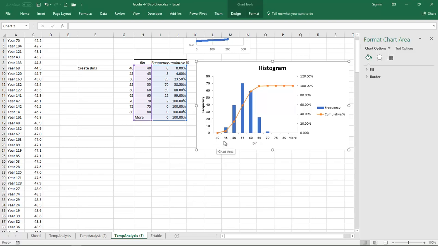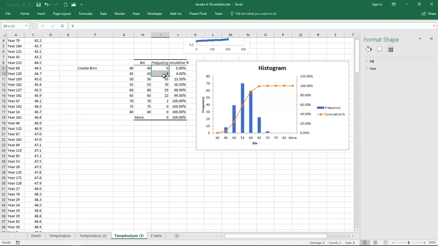If we ignore the red line for a minute, what we're saying is there were no instances of temperatures up to and including, or excluding, 40. This is the way the function in Excel works. There were some number of temperatures between 40 and up to, but not including, 45, and we can just pick out with that little blue bar that we see there would be the number 8.